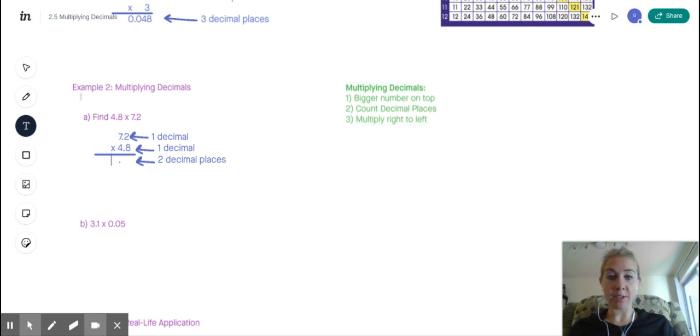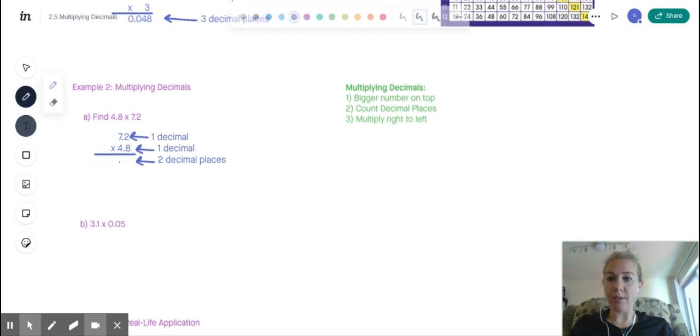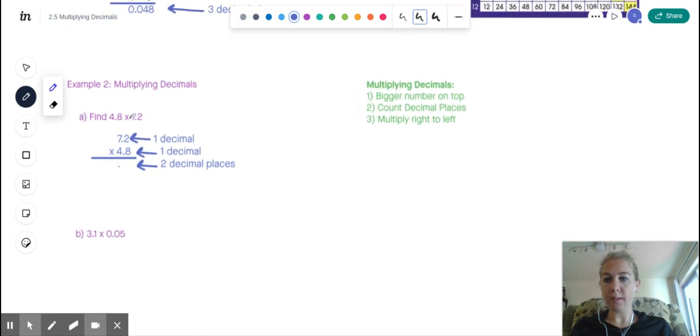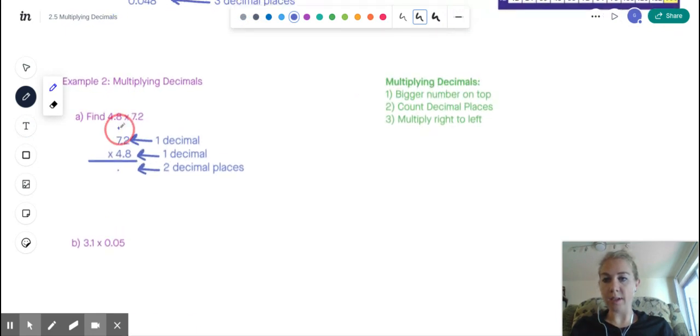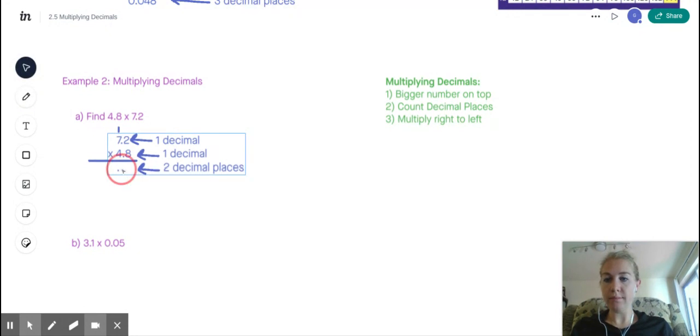So this is just like multiplying whole numbers. We're going to start with the 8. 8 times 2 is 16. So we're going to carry the 1, and my 6 is going to go down below.